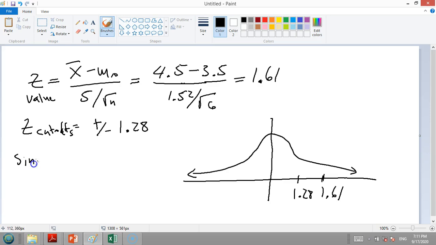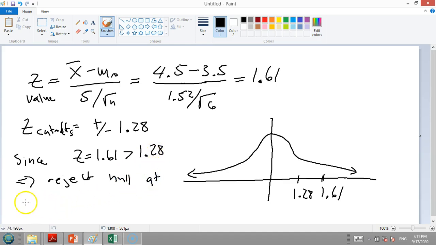Since z equals 1.61, greater than 1.28, implies reject the null, at you can say 80% confidence level. Okay.